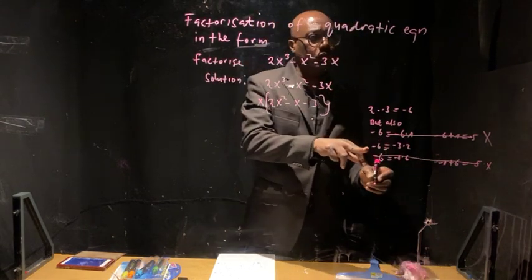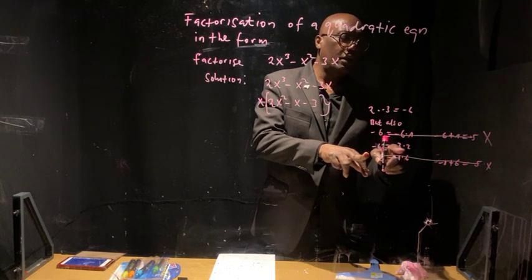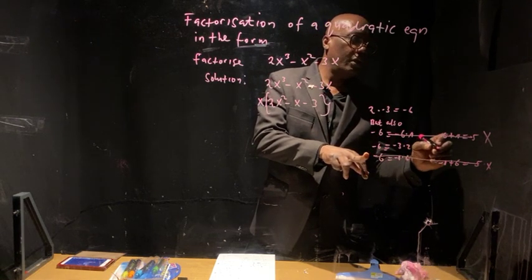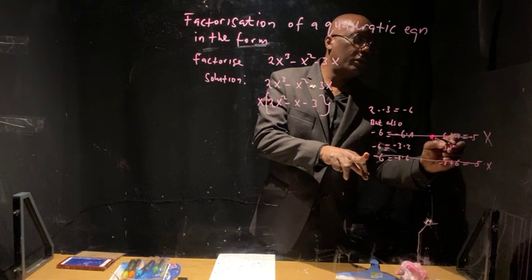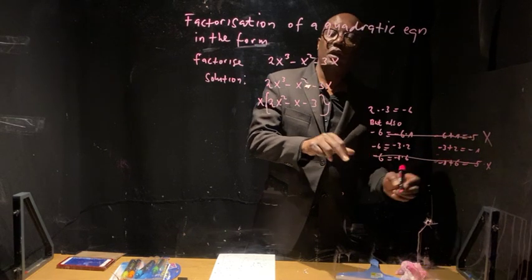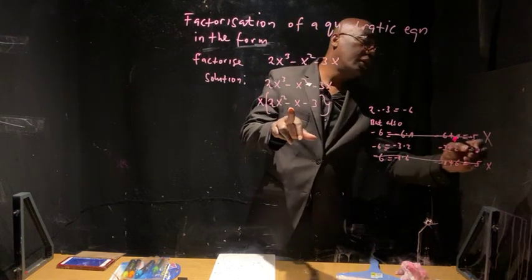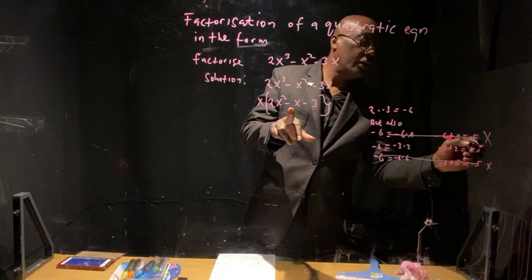Then let's get to this one. Let's try to add minus 3 and plus 2. Minus 3 plus 2 is equal to minus 1. Is the coefficient of x equal to minus 1? Oh, yes. Then this one is the factor.